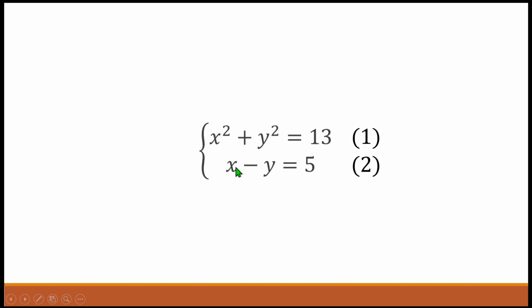Ganon din po sa system of non-linear equations. System of non-linear equations is grupo siya ng mga non-linear equations and also linear. Okay? Kung meron kang system of equations na at least one of them is non-linear, tatawagin mo na siyang system of non-linear equations.